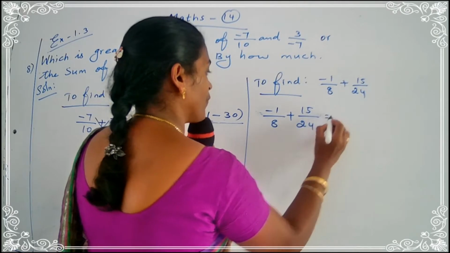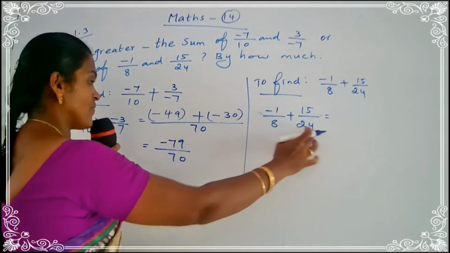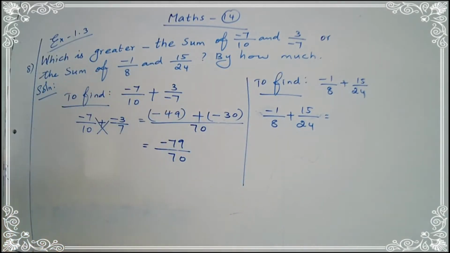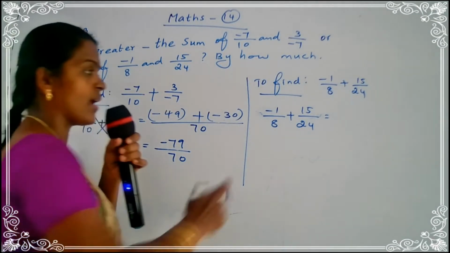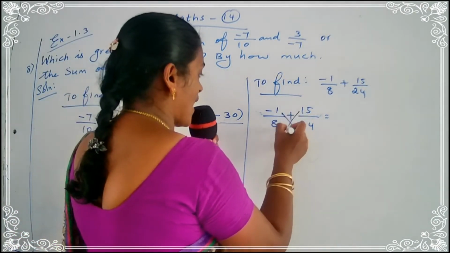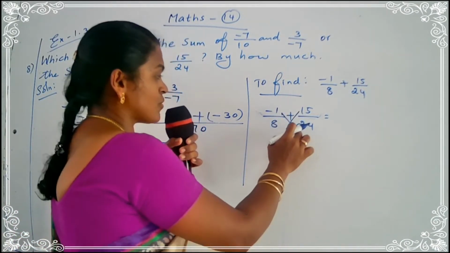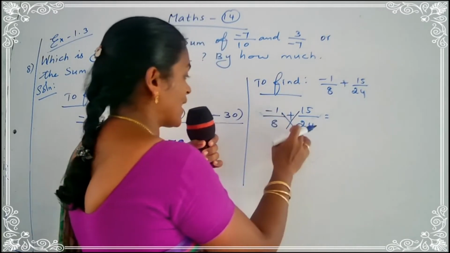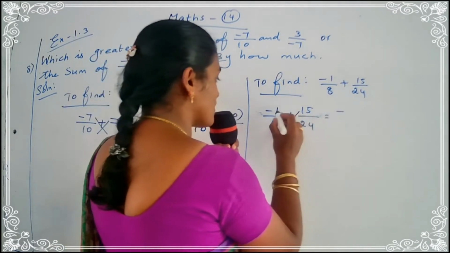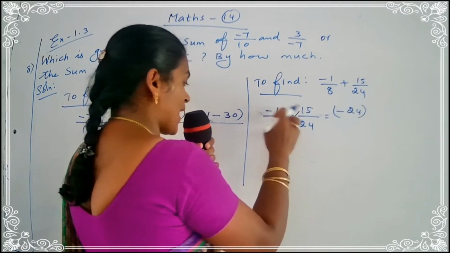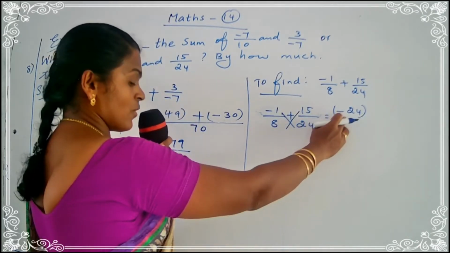In addition, first of all, you see the denominator. Your denominators are different. So, let us do the cross multiplication method. You multiply by cross. Minus 1 into 24 is equal to minus 24.